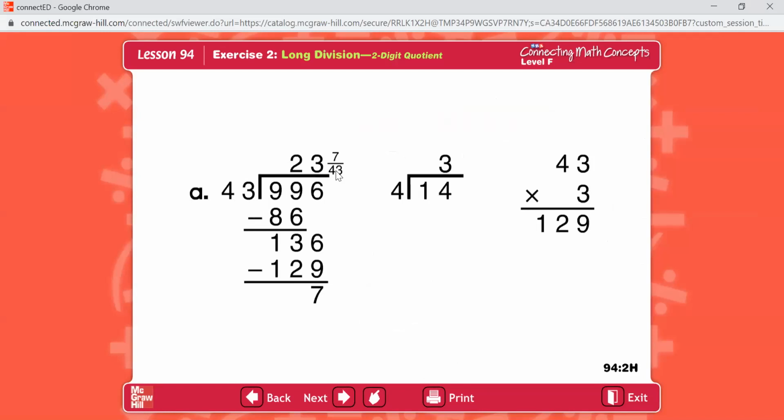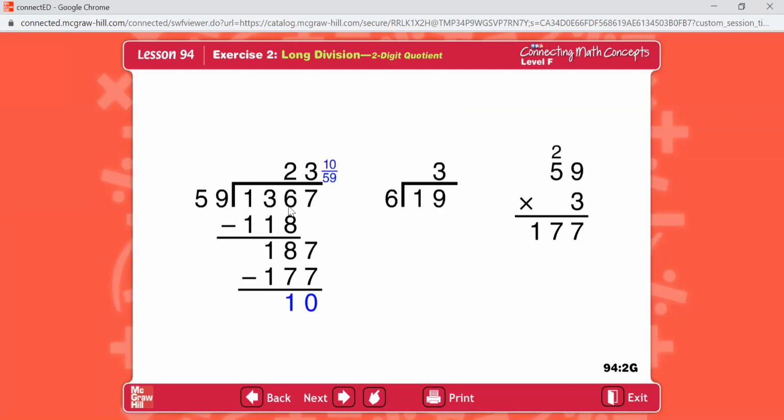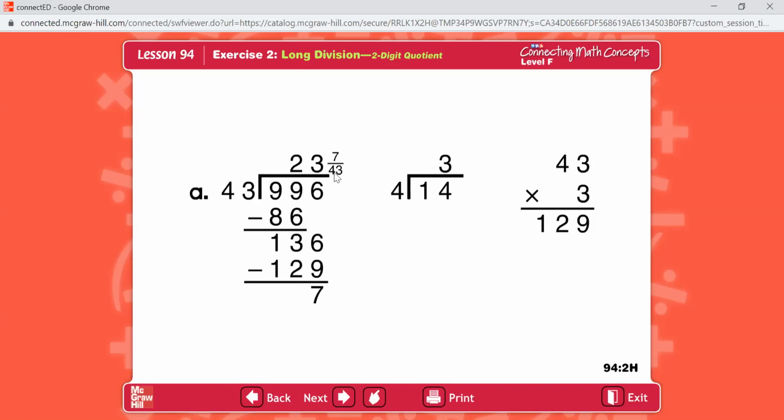This number, always our denominator. Just like the previous one, 59, 59. Now we have 43, 43. So what is our answer of 996 divided by 43? The answer of 996 divided by 43 is 23 and 7/43.